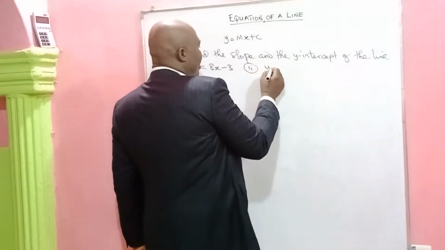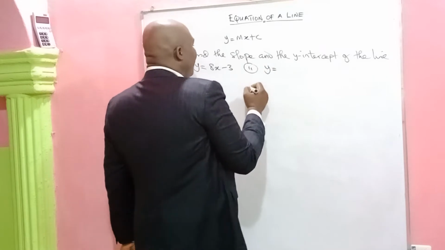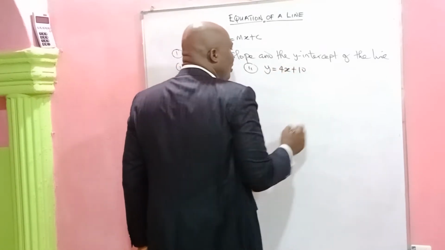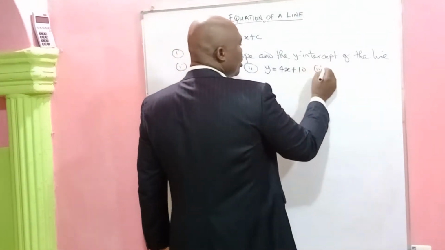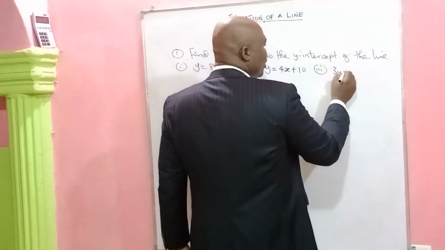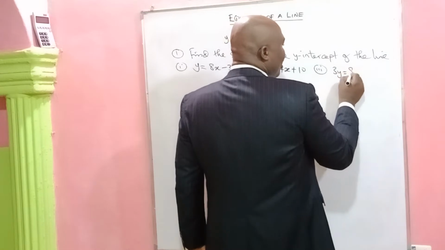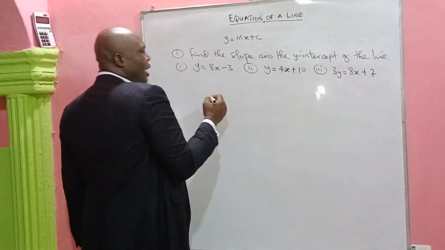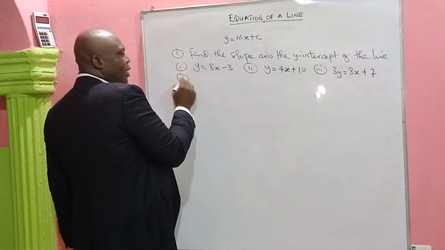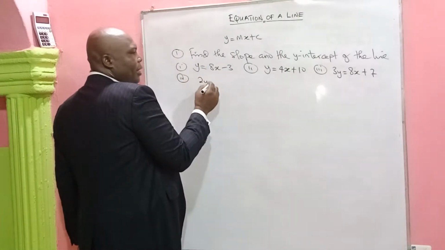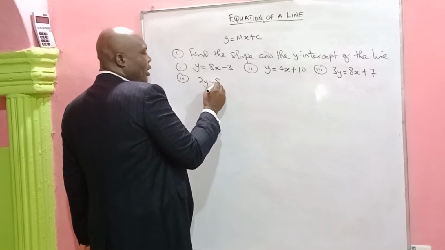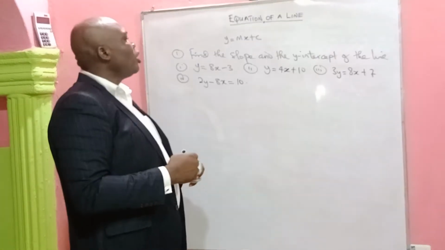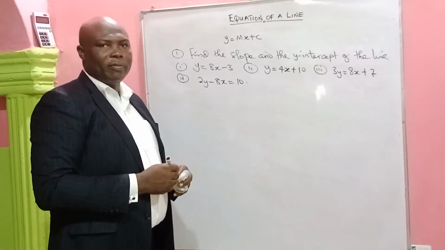Then y is equal to, let's say, 4x plus 10, and then you can have this, 3y is equal to 8x plus 7, and then you can have another one, say 2y minus 8x is equal to 10. You can be asked to find the slope and the y-intercept of the following lines.